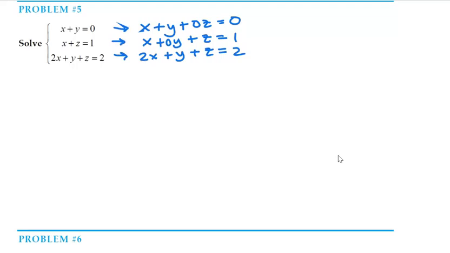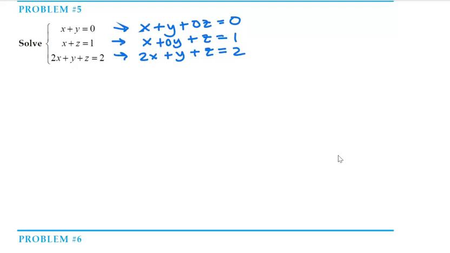All right, so now looking at this, we want to decide which one looks like it might be the easiest to eliminate.